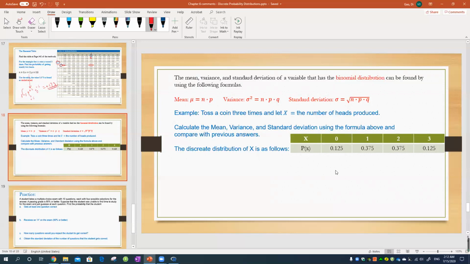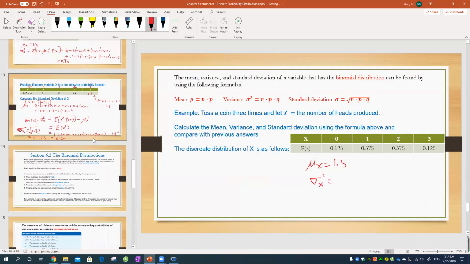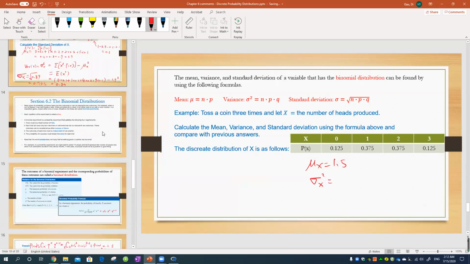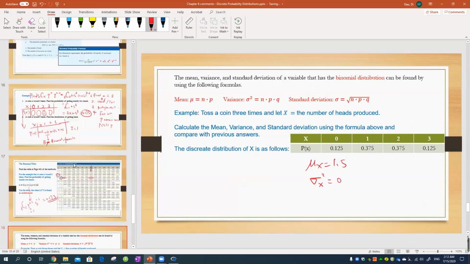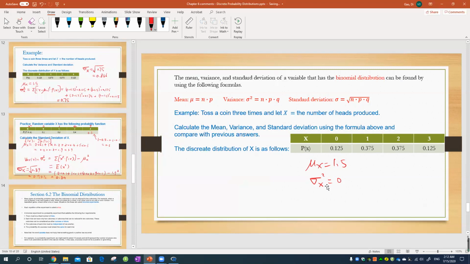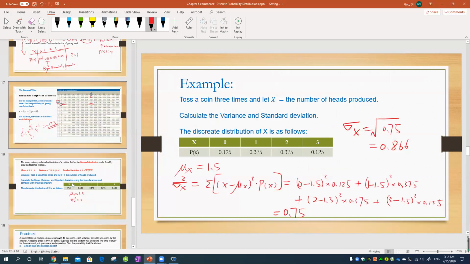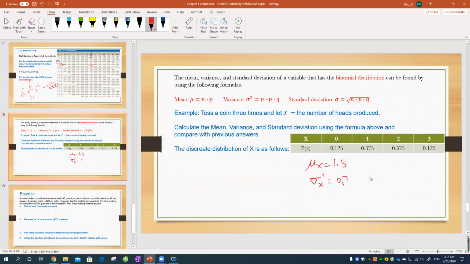So we have mu of x calculated to be 1.5, and sigma squared of x calculated to be, let's see, the previous one, 0.75. Then let's see whether we get the same value using the special formula for binomial distribution, since we know this is a binomial distribution setup.